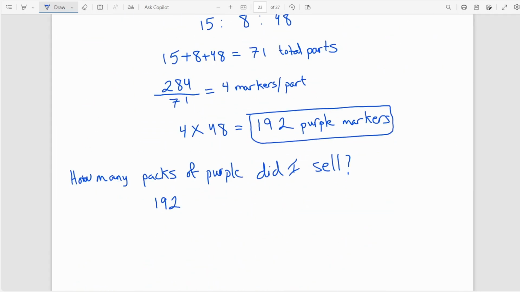So we'll divide this by 8, and we get 24 packs, okay? This is the amount of packs I sold.